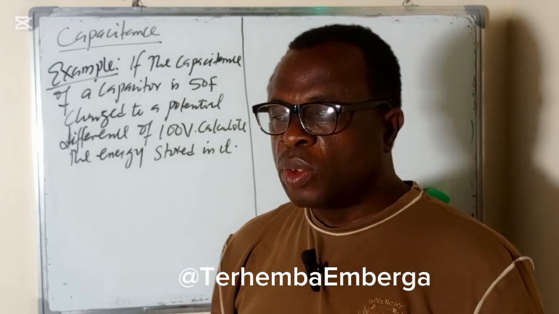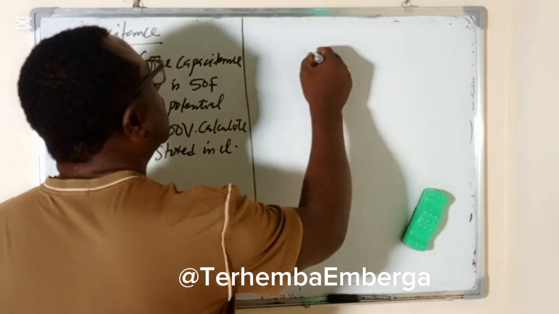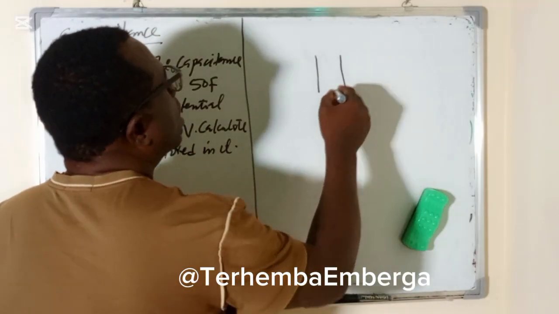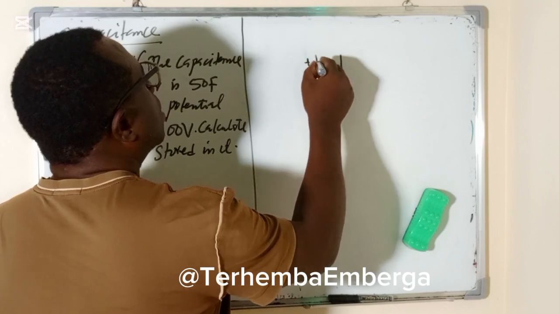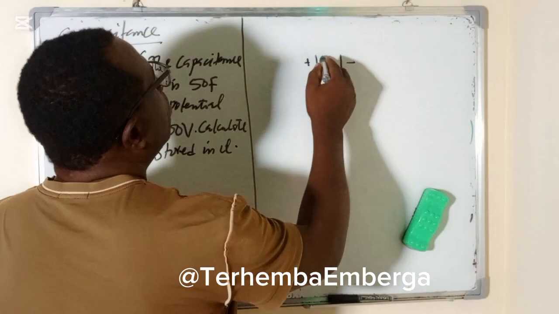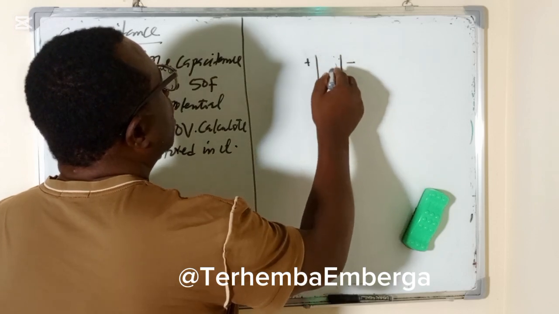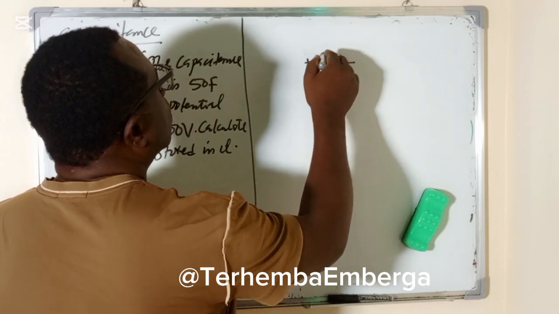A capacitor has two plates. It is denoted by this as the positive plate and the negative plate. And in between these plates, it has an insulator.